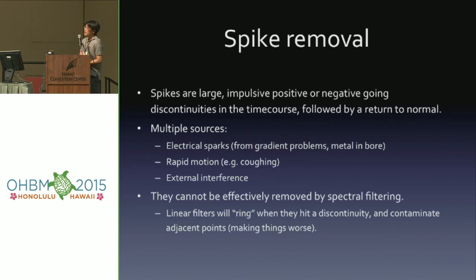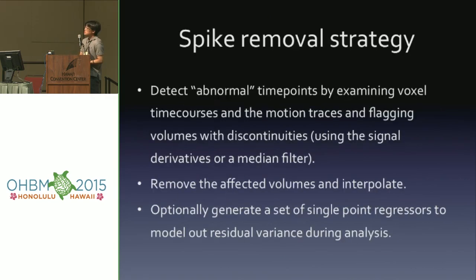And we cannot use a spectral filter to remove spikes because if you do a Fourier transform of spikes, it's very complicated. It's not narrowed into a very specific frequency range, so you cannot just use a bandpass filter to remove them. The way to do it is you first have to detect where the spikes are. Normally, you examine your time course or your motion traces to find what we call outliers.